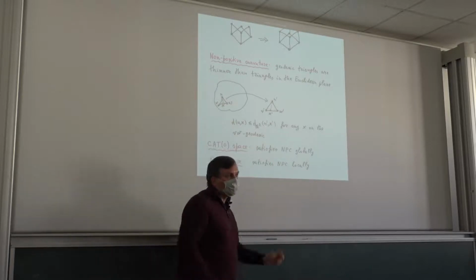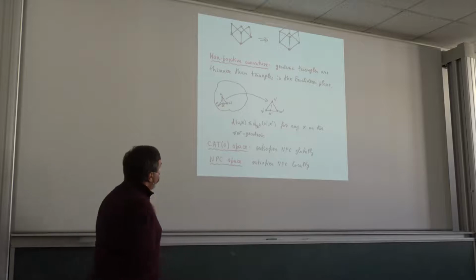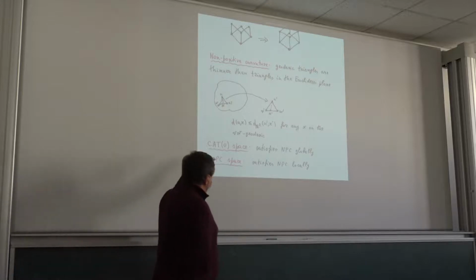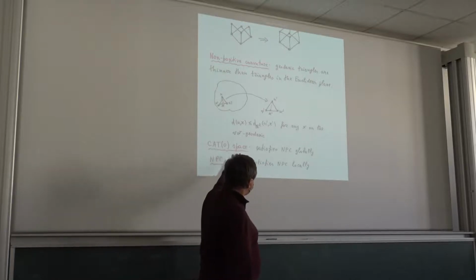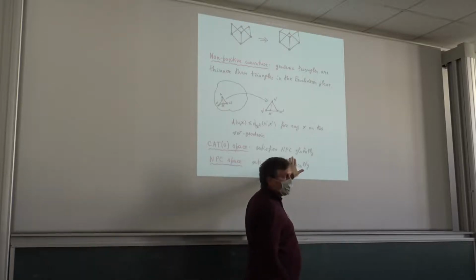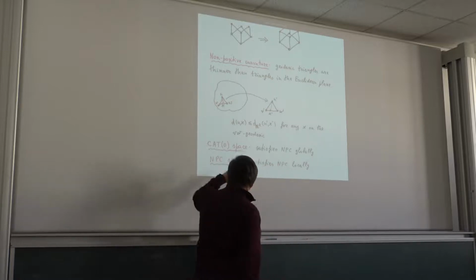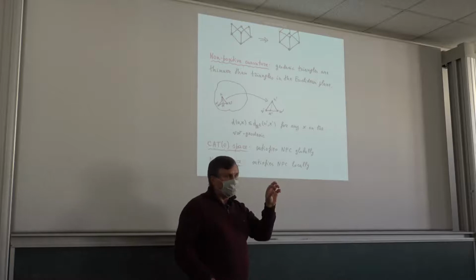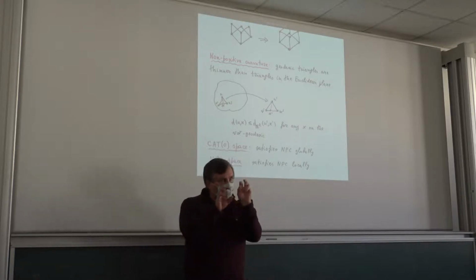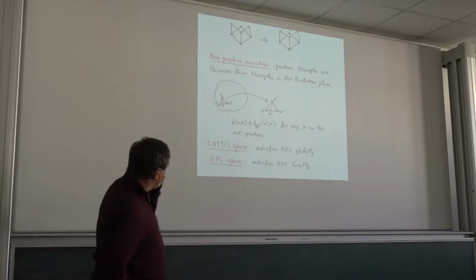This is the non-positive curvature condition. A CAT(0) space is a geodesic space which satisfies the non-positive curvature condition globally, everywhere. Non-positively curved spaces satisfy this condition locally: in each point, you have a small neighborhood which is like that.